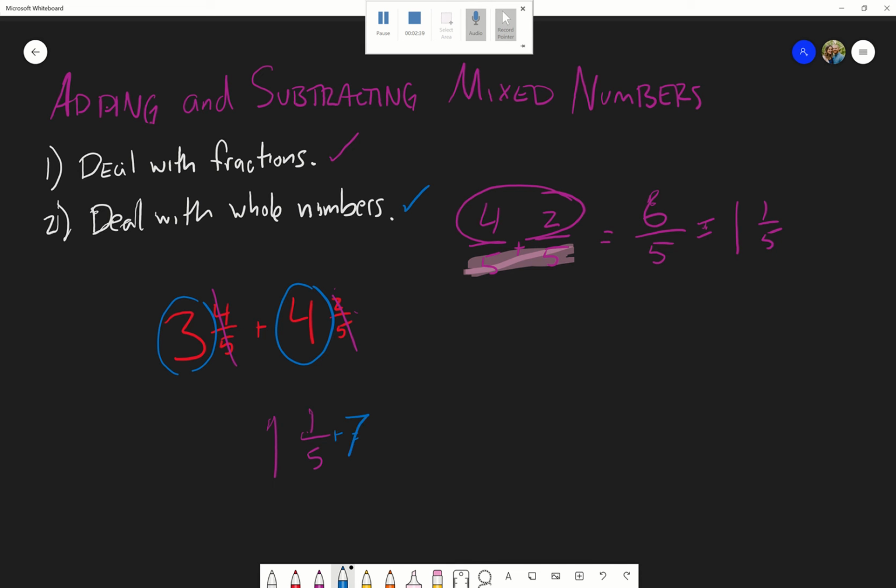So now I have 1 1/5 plus 7. Since I have this mixed number and this whole number, I'm going to combine my whole numbers to get 8, and keep my fraction to be 8 1/5. All right, so deal with fractions first, then deal with whole numbers.